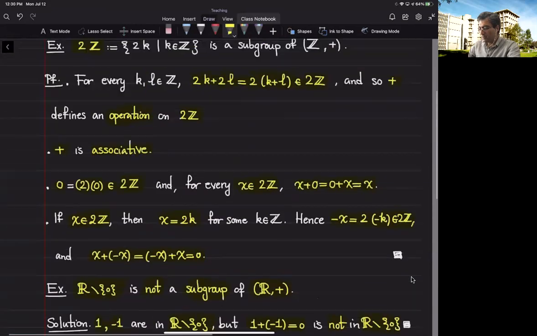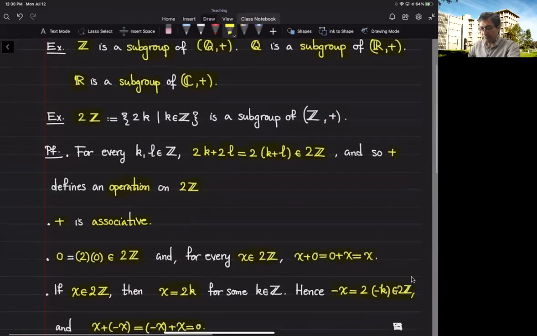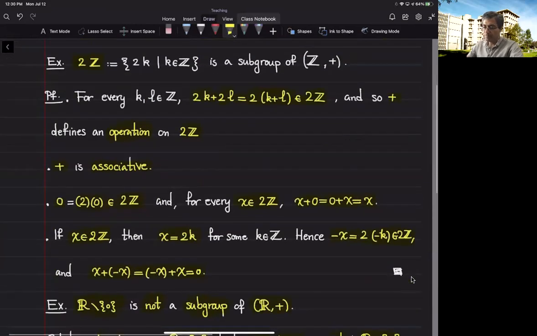Now, if I think about this example of 2Z being a subgroup of Z, there are a few parts that seem to be redundant. For instance, the part that plus is associative. Of course it is, because otherwise Z and plus would not be a group. Because Z and addition is a group, of course I know plus is associative. I shouldn't be forced to repeat this.